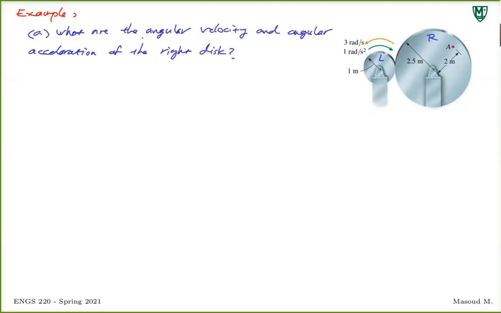And obviously you can assume that there is no slipping, as we said in this course. At least we don't really talk about slipping between gears, so there is no relative motion between the disk on the left and the disk on the right.